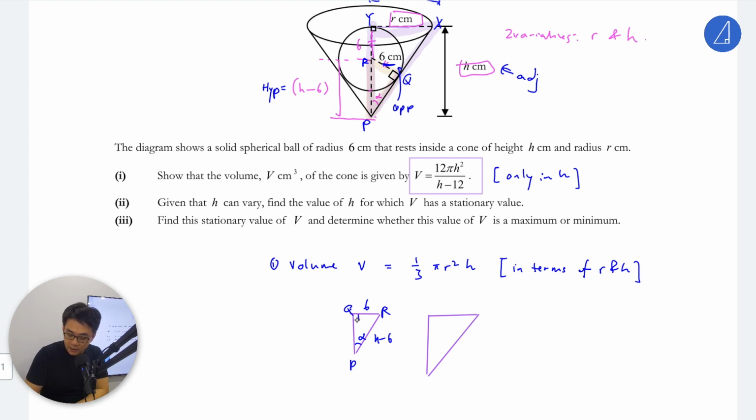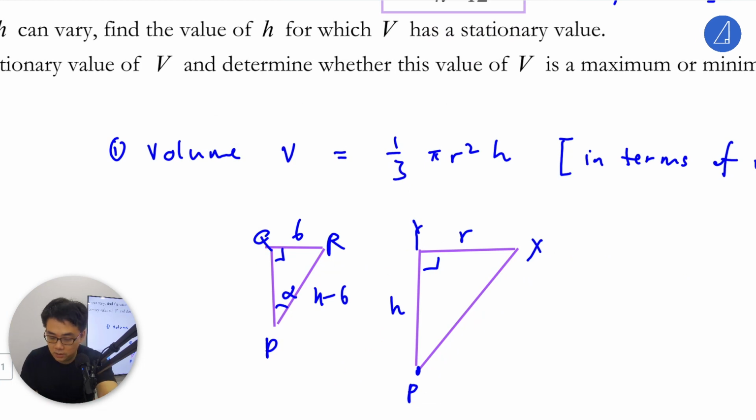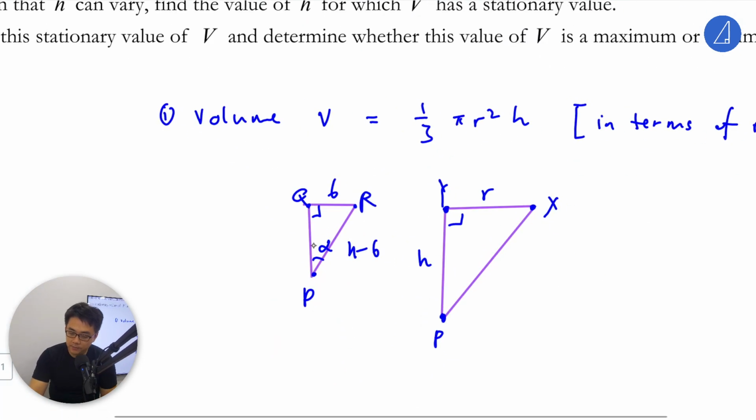Then this is 90, this is 90. Then this is P, Y, X, and this side is r here. I'll leave it like that first. This one is alpha, and this is also alpha, right?